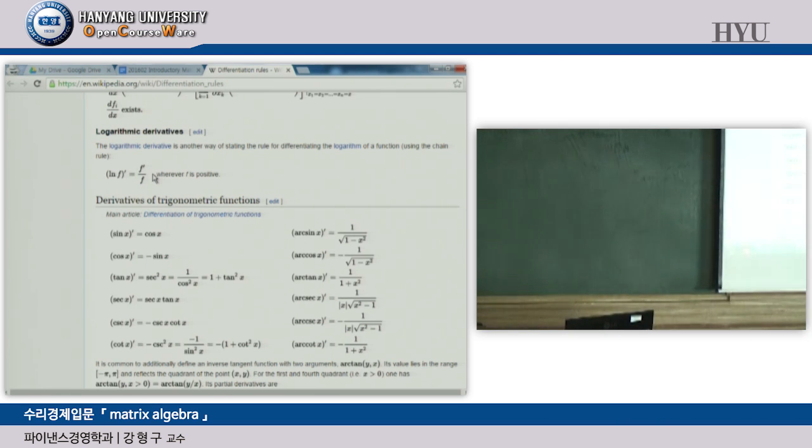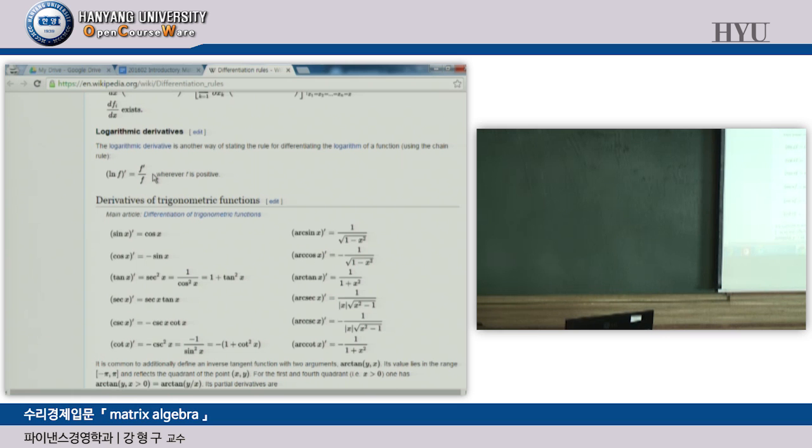And now derivatives of trigonometric functions. Well, this needs further explanation. It will not be on the midterm exam, so don't worry about it, but it doesn't hurt to know this one. If you take the derivative of the sine function, it becomes cosine. The derivative of cosine is minus sine. The tangent function is, of course, sine over cosine, so you can derive it.